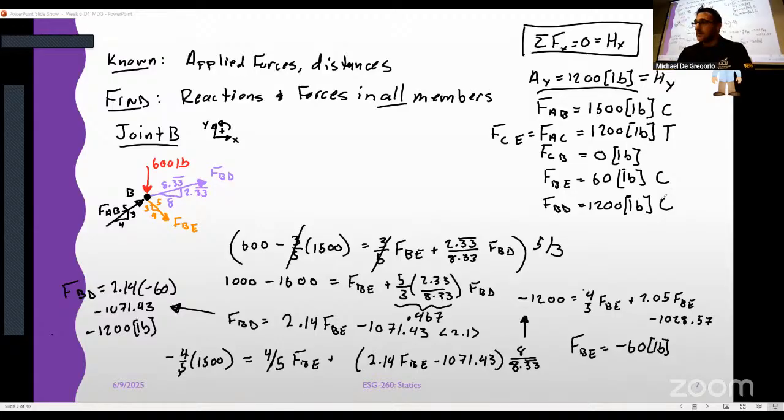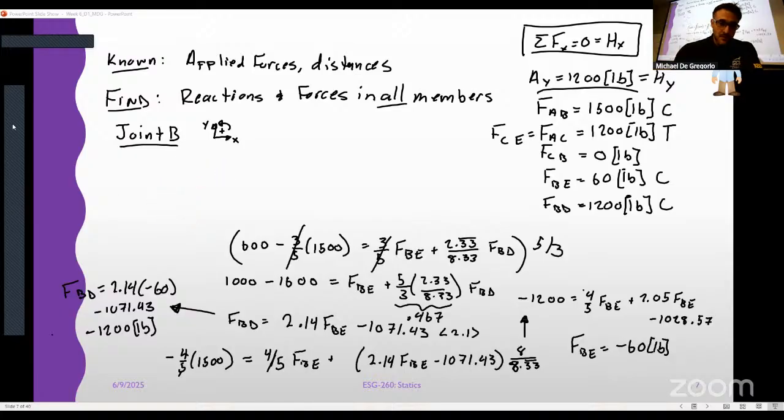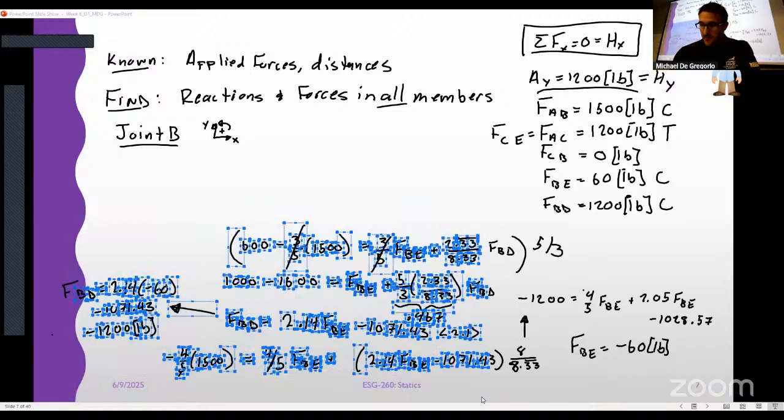Well, you could if you wanted to. But I want you to also notice that if you use E, there's 4 different forces, or 5 different forces you have to take into account, whereas this one has 3 plus an applied force. So it's less things. And less typically means we have less room for making errors. Unless you're me, and then you'll find a way. But don't be like me in that respect.